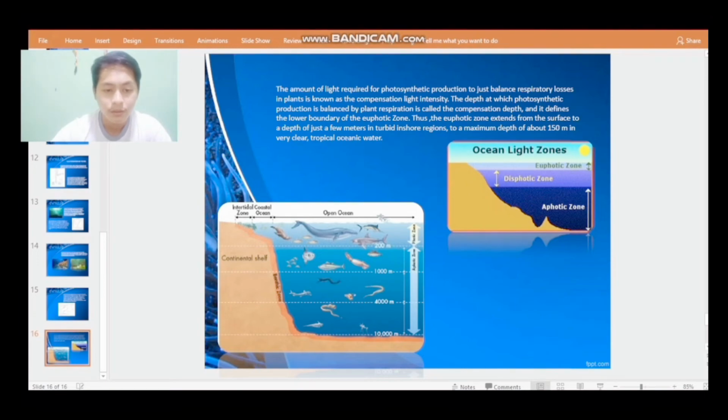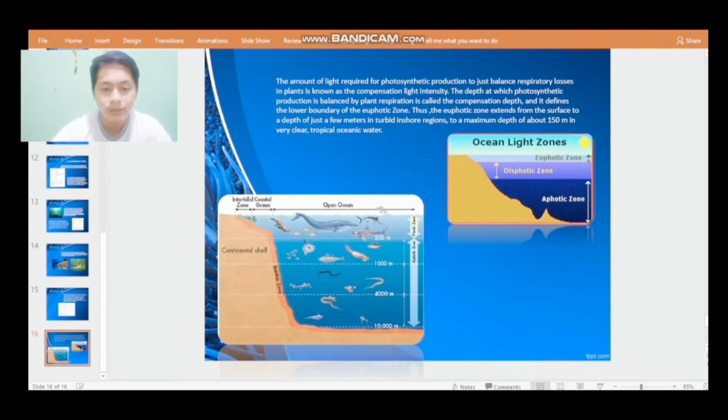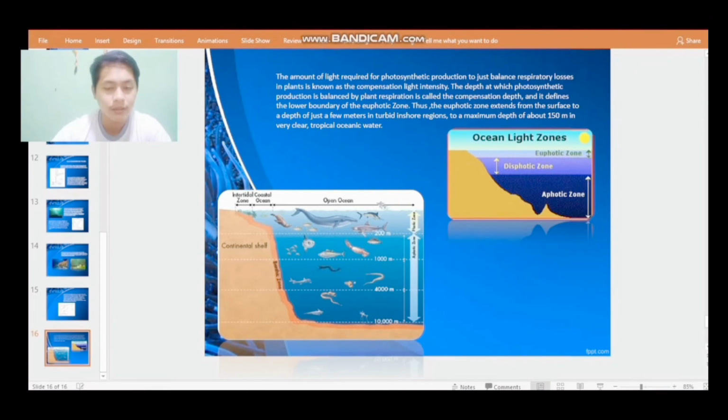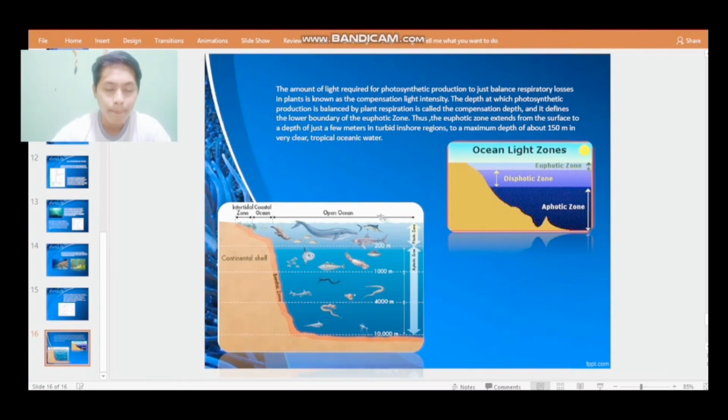Thus, the euphotic zone extends from the surface to a depth of just a few meters in turbid inshore regions, to a maximum depth of about 150 meters in very clear tropical oceanic water.